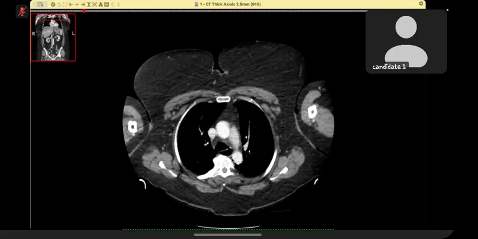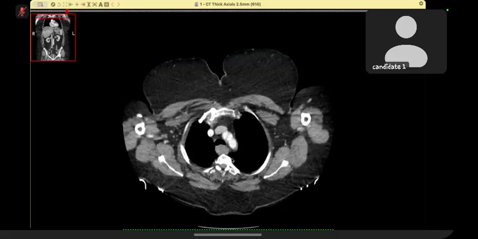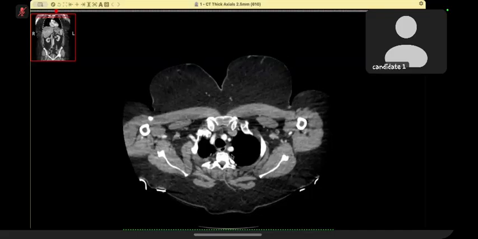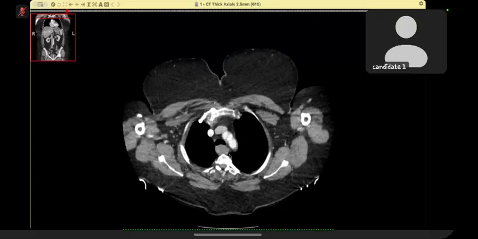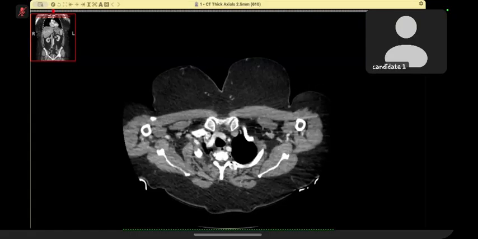The mass lesion is associated with mild esophageal dilatation at the level of the mass and superior to the mass.